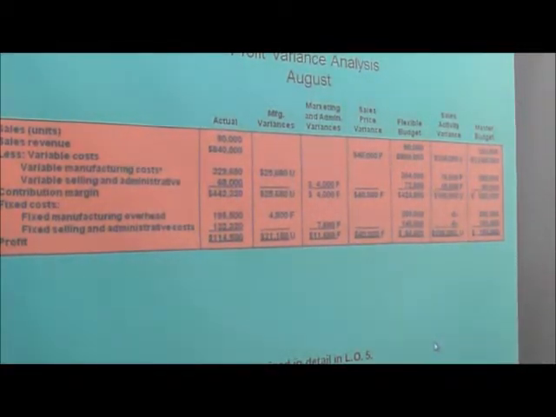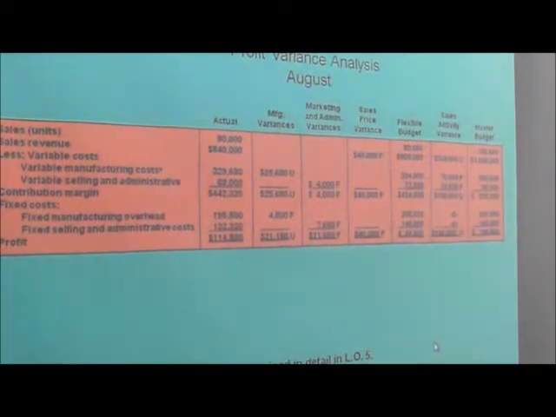No, but on average, we sold it for $10.50 a piece. So our sales price was 50 cents more than what we budgeted. That's going to be favorable. We were able to sell it for more than what we thought we would, and that explains part of the variance there.